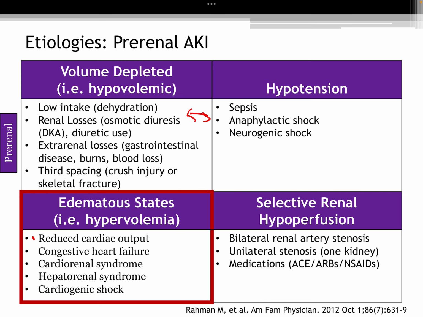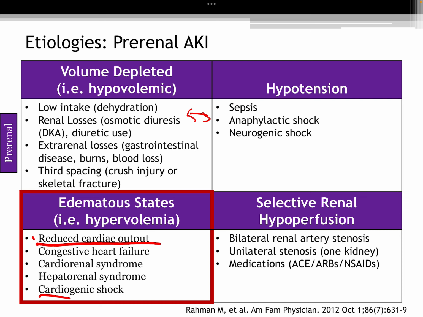So what you see here is conditions such as reduced cardiac output and cardiogenic shock, congestive heart failure, chronic kidney disease, and chronic liver disease. These are common disease states that you'll see, and the patient may have edematous states that cause AKIs.